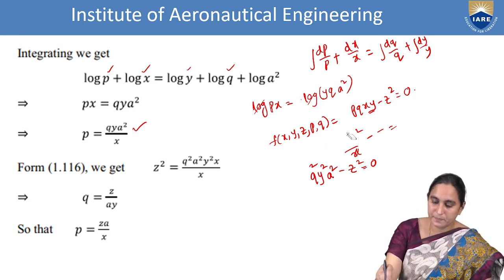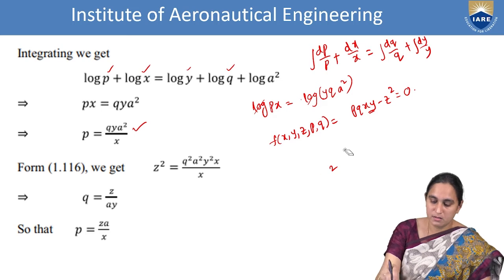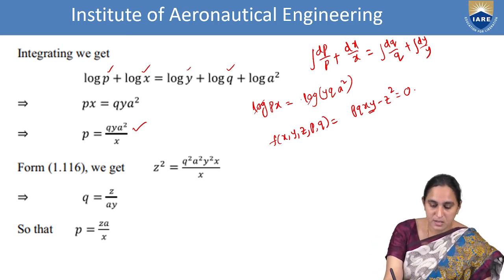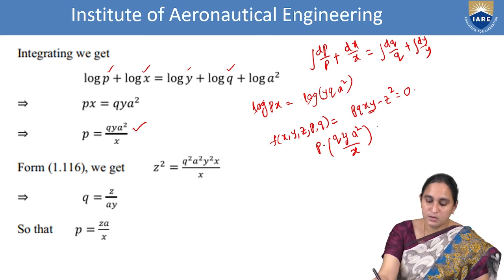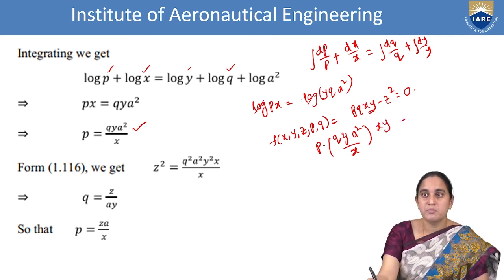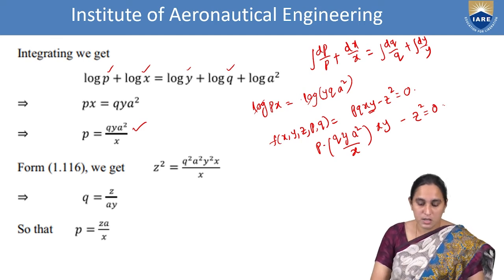Once again, I'll write clearly here: p into q as qy a square by x into xy minus z square is equal to 0.